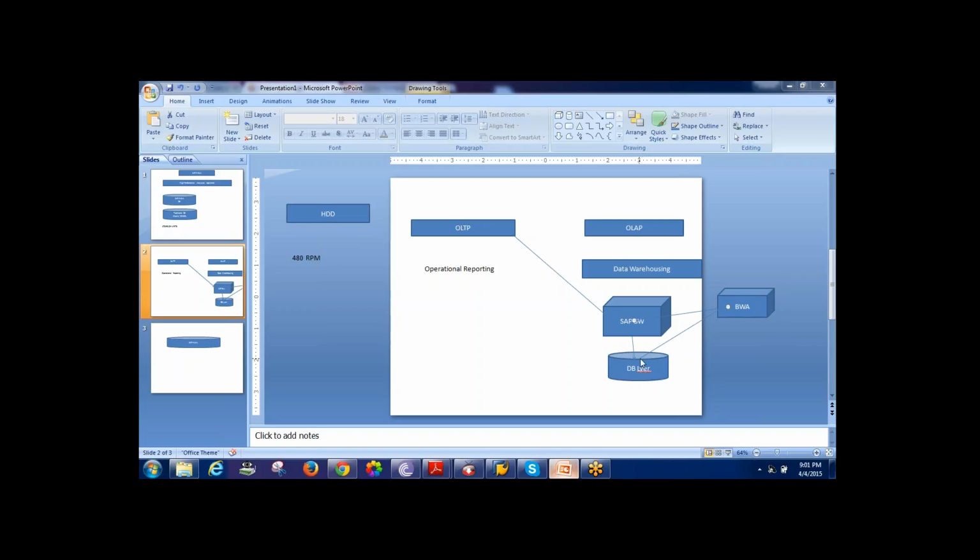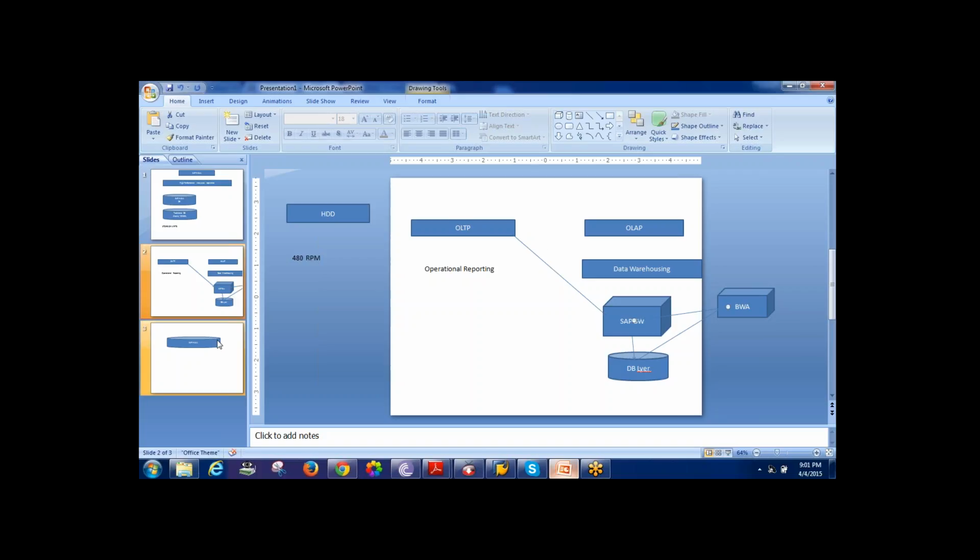It does not need to go to the traditional database, and it does not need to fetch the data from that layer into SAP BWA again. The request goes directly to SAP BWA and is processed there itself. This is the concept of in-memory.